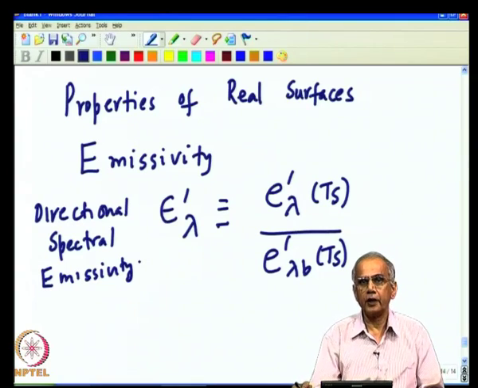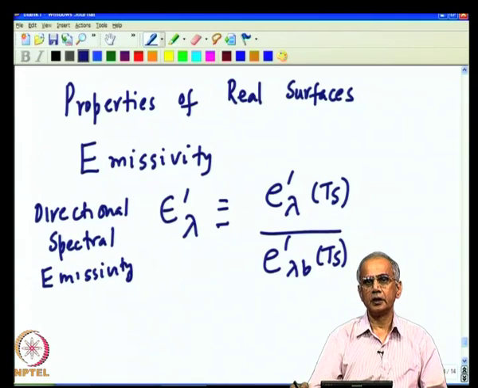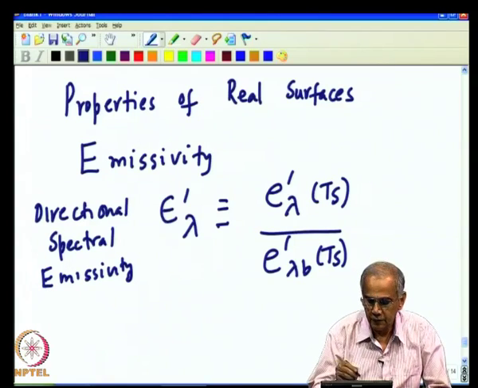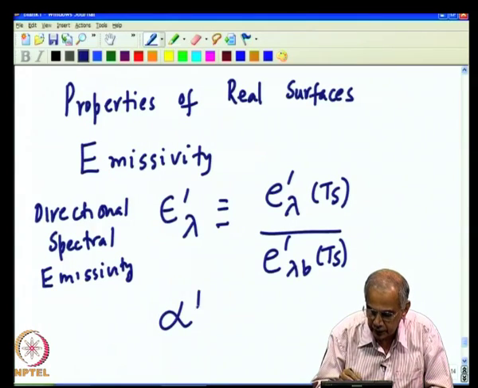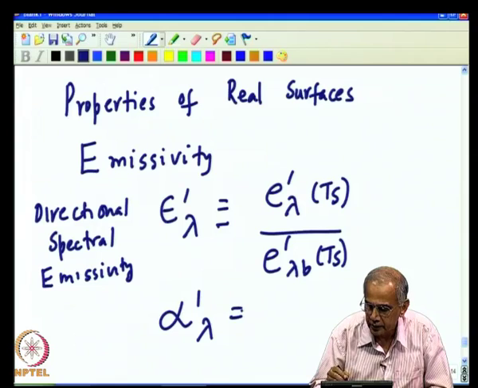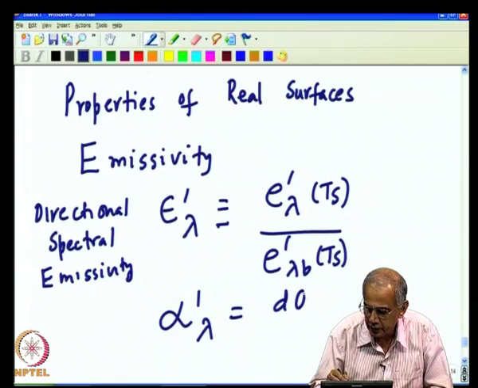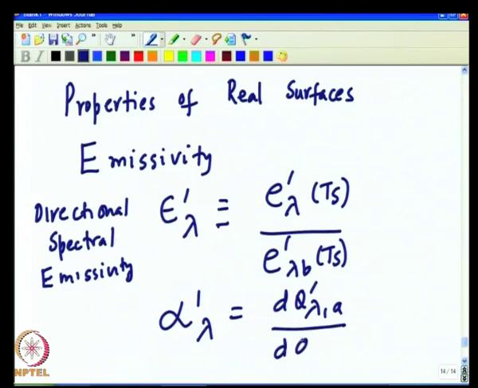Similarly, we can define directional spectral absorptivity, but in this case we define it as the amount of radiation absorbed in a given direction and given wavelength to the radiation incident in the same direction and same wavelength. I want you to notice the difference between emissivity and absorptivity.